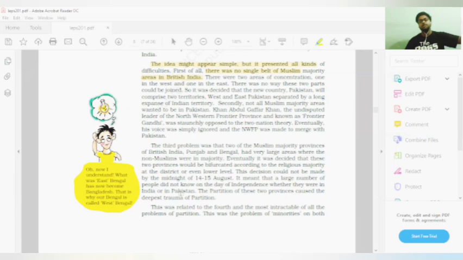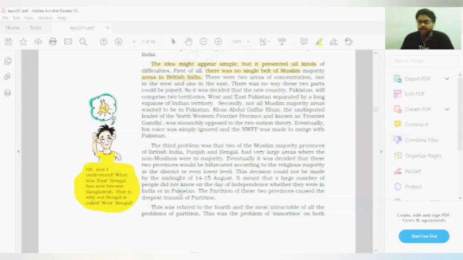So West Punjab was given to West Pakistan, and East Punjab was transferred to India. The Punjab that we know today in India was transferred to India. Similarly it happened on the Bengal side. East Bengal was given to East Pakistan, whereas West Bengal remained with India as it had a large number of Hindus or non-Muslim majorities.